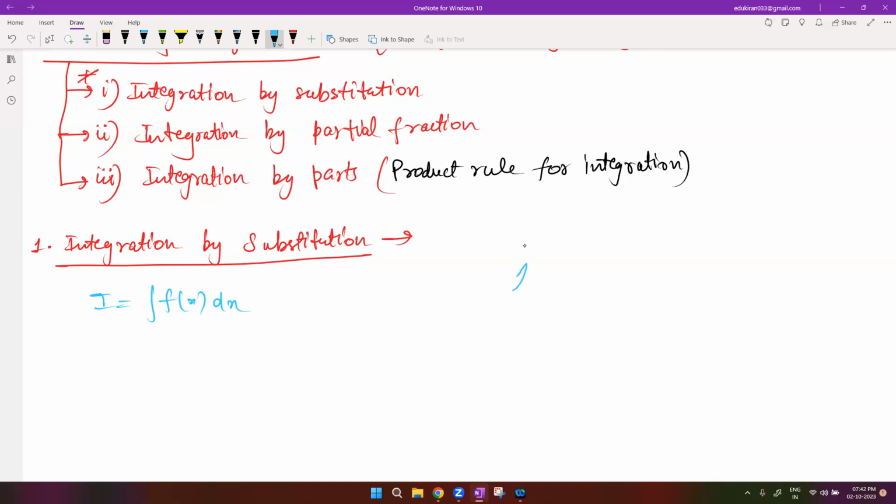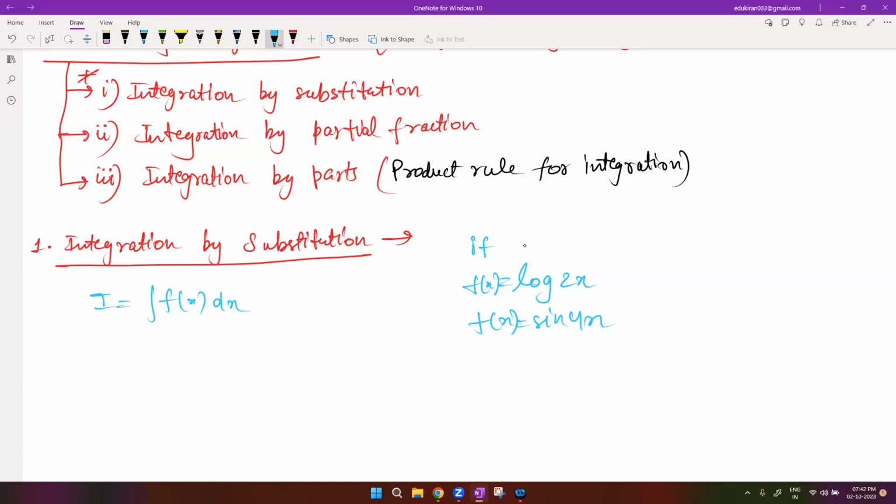But what happens if f(x) is log 2x? I know the integration of log x, but I don't know the integration of log 2x. I won't be able to solve log 2x right now. Similarly, I know the formula for sin x, but I don't know the formula for sin 4x. If you multiply x with something, there is a problem.